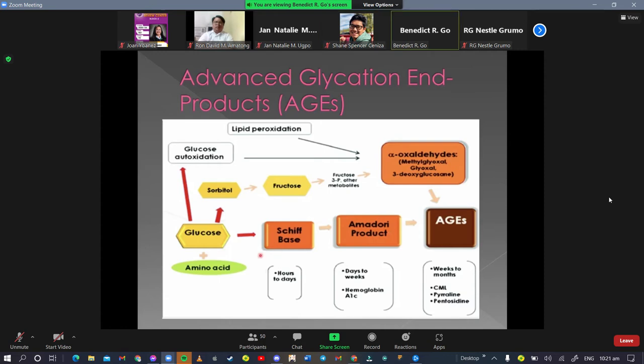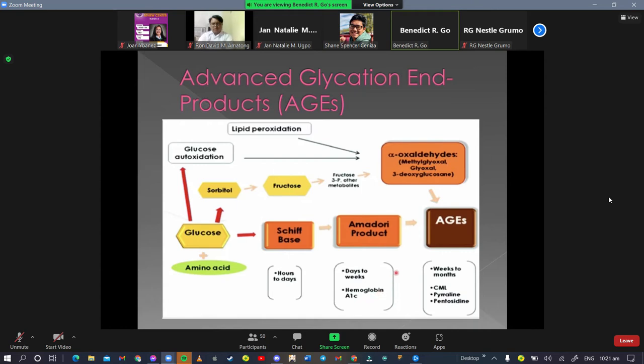So in the next slide, we already mentioned earlier that formula in Harper's, but here it's another figure showing the amino acid and glucose forming. We mentioned the Schiff base, which occurs from hours to days, and that rearrangement, your Amadori product, occurs from days to weeks, and part of that is your hemoglobin A1c or glycated hemoglobin.